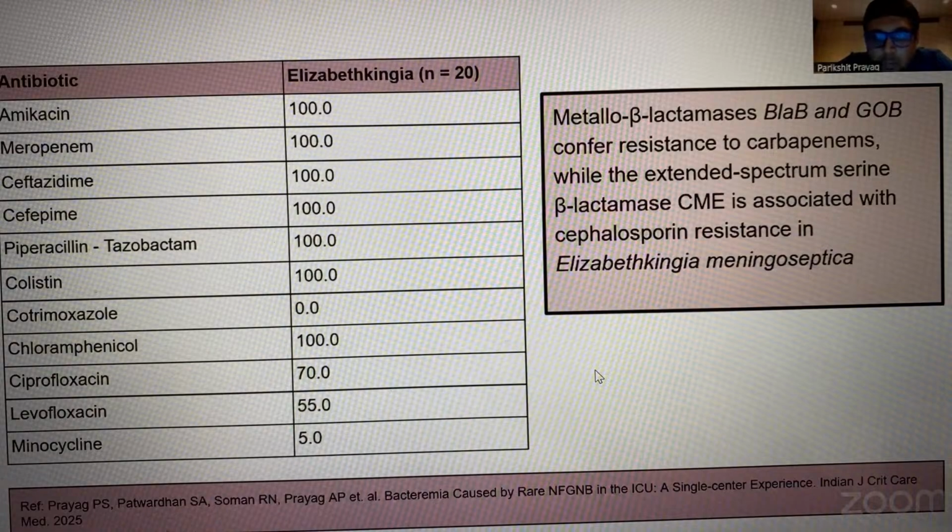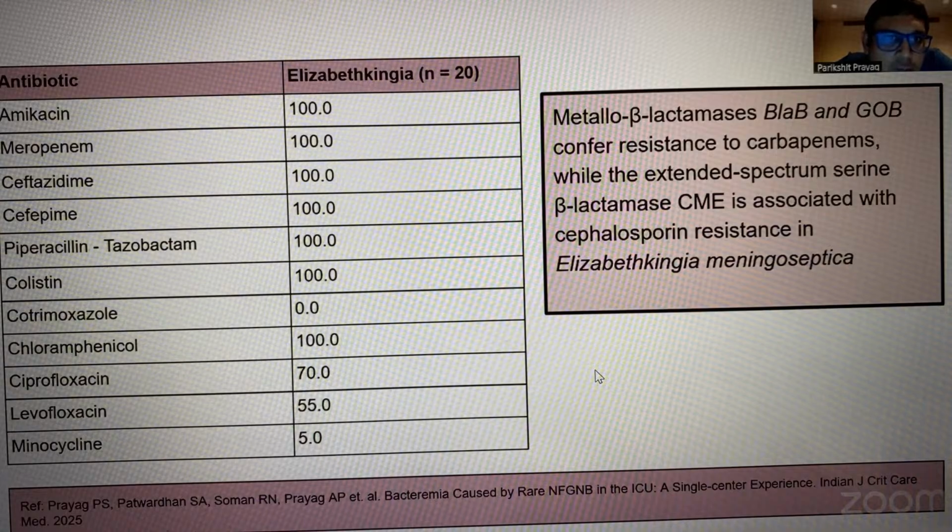Okay. What about Elizabethkingia? Unfortunately, we are seeing quite a few cases in our ICU when it comes to Elizabethkingia. So it has important metallo-beta-lactamases. These blaBlaB and blaGOB are important metallo-beta-lactamases of Elizabethkingia.